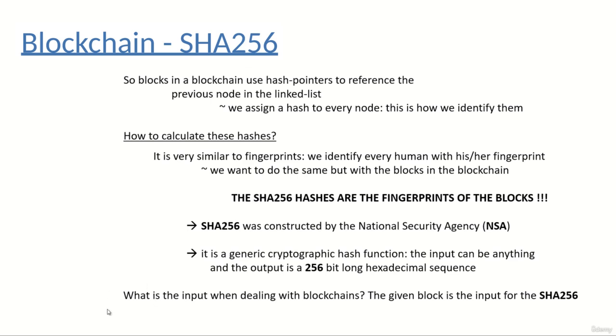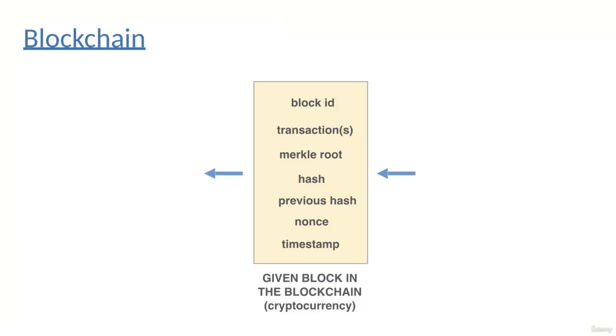You may pose the question: what's going to be the input when dealing with blockchains? Of course, the given block is going to be the input for the hashing algorithm. We have been talking about the blocks in the blockchain in one of the previous lectures, and we came to the conclusion that there is a lot of data included in the block, such as the ID of the block, the transactions, the Merkle root, the previous hash, the nonce, and the timestamp.